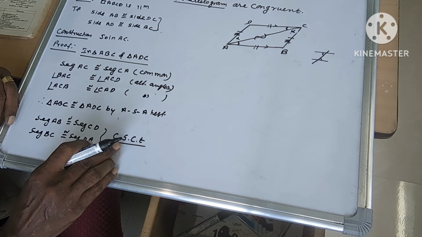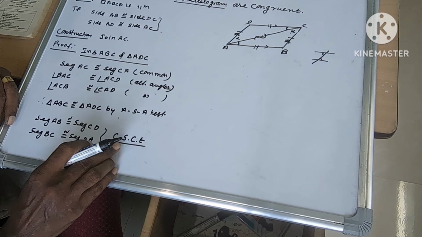So this is one quadrilateral ABCD. We have to prove ABCD is a parallelogram. Here opposite sides are congruent: side AB is congruent to side DC, and AD is congruent to BC. That is given.